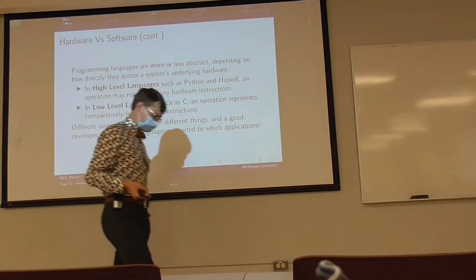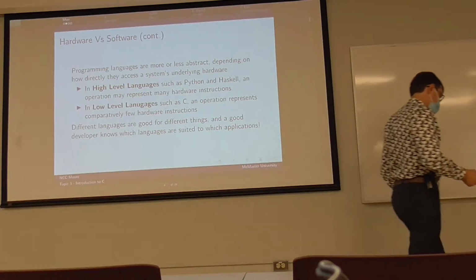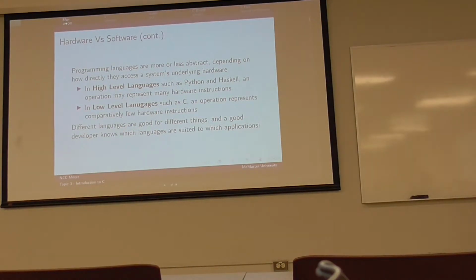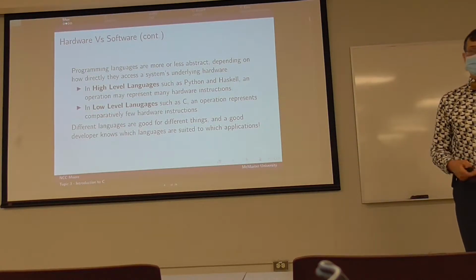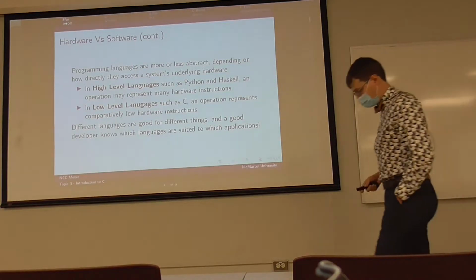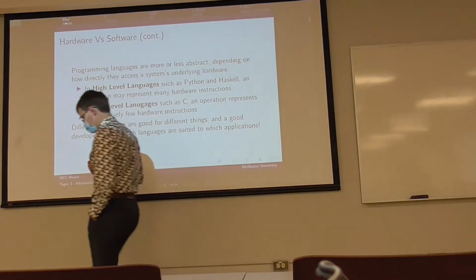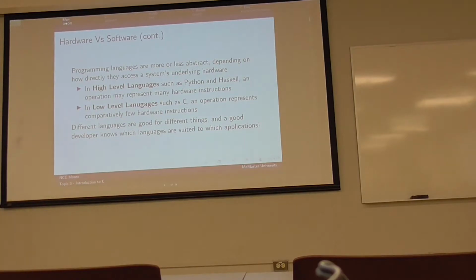So the question then becomes, what is this good for? What are the applications where a low-level language would be necessary, required, or desirable? When you write code that's faster, that speed up is multiplied by the number of times that code is executed.